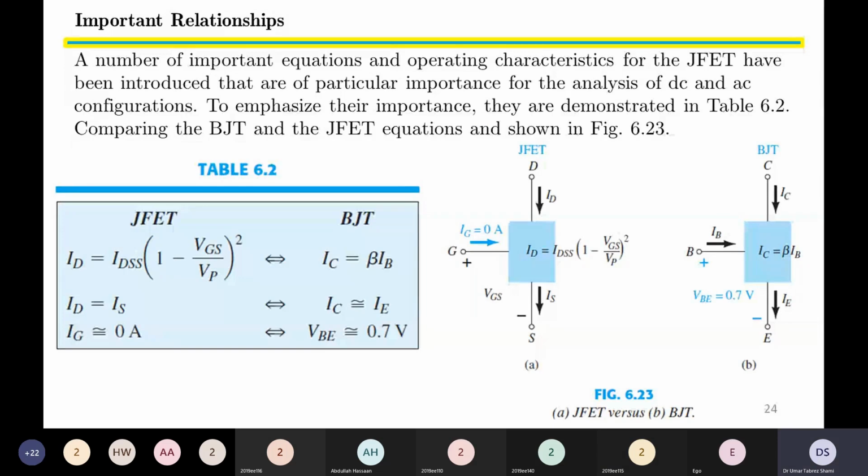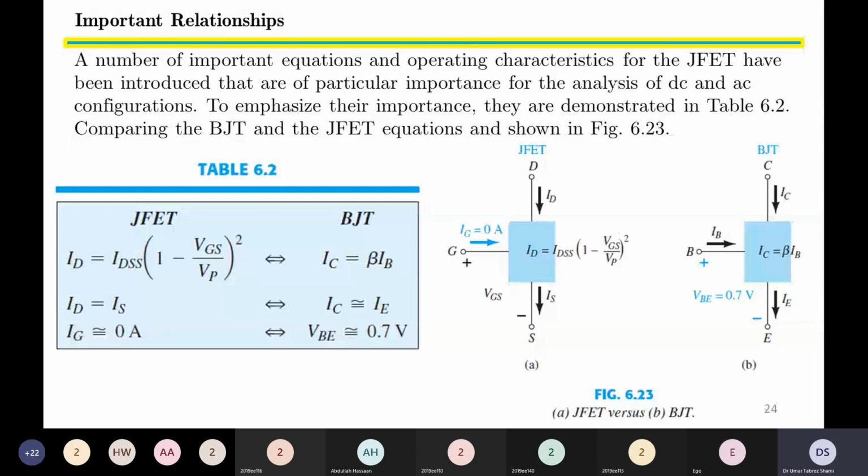Table 6.2 demonstrates the mathematical characteristics of JFET versus BJT. The drain current in the JFET case is a function of gate source voltage, whereas the collector current in the BJT case is a function of base current.